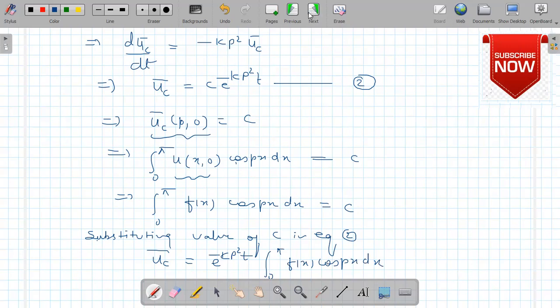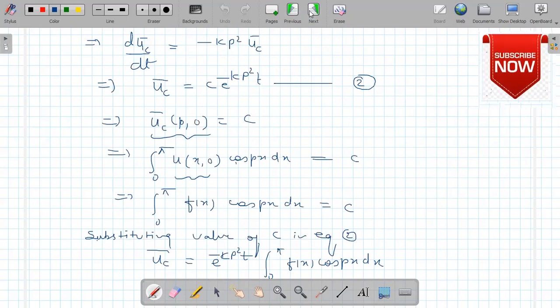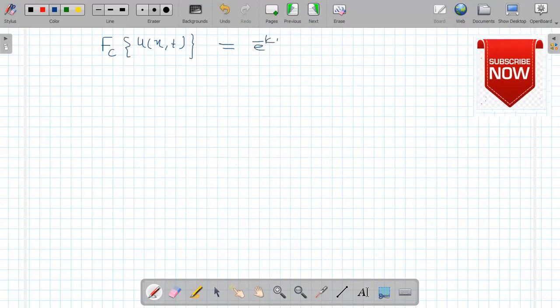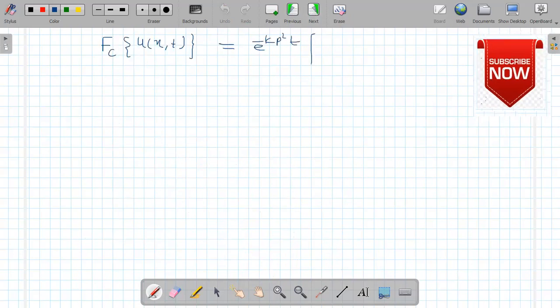Now the next step is, because u_c bar is nothing but the Fourier cosine transform of u(x, t). Let me write the whole expression: f(x) cos px dx.